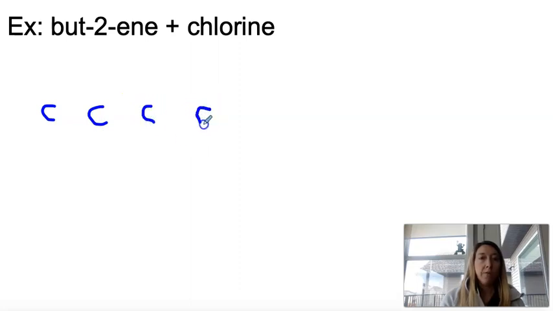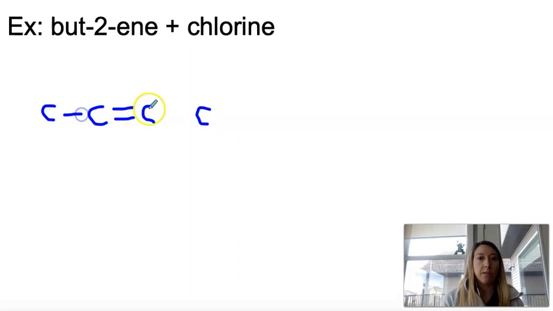You're generally going to find that when you get into doing these types of reactions, it tends to be most helpful to draw the full structural diagrams, so that you can really see where things are. Doesn't mean you can't do a line diagram or a condensed one. It just sometimes makes it a little more obvious what you're doing. Okay, so there's our but. It's a 2-ene, so that's telling us we need a double bond here.